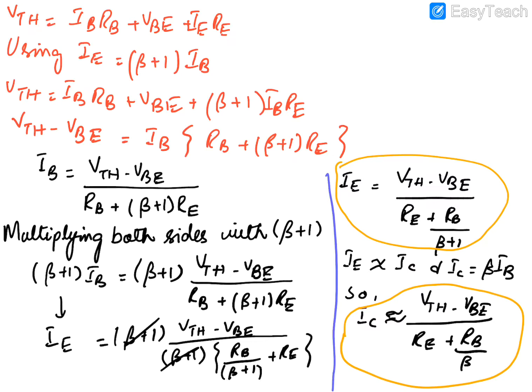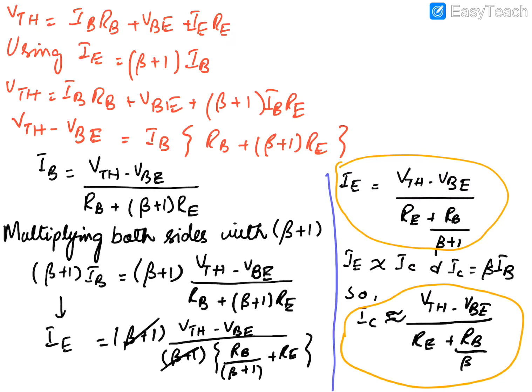So IE is basically beta plus 1 times IB. You can multiply beta plus 1 on both sides, and IE is equal to, when you take beta plus 1 common, beta plus 1 will cancel out, and you will simply have IE equal to V Thevenin minus VBE divided by RE plus RB divided by beta plus 1.